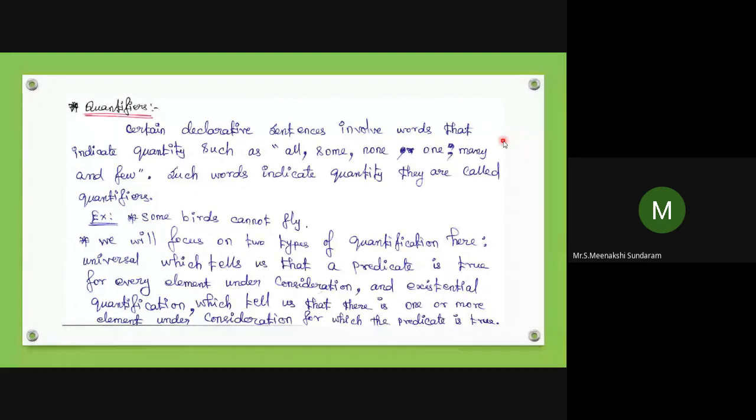We will focus on two types of quantification here. Universal quantification tells us that a predicate is true for every element under consideration. For all the elements, the predicate is true. Existential quantification tells us that there is one or more elements under consideration for which the predicate is true.